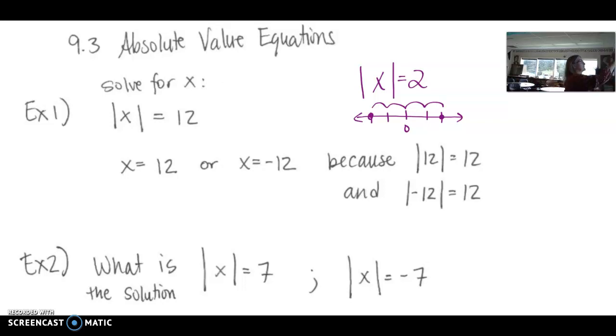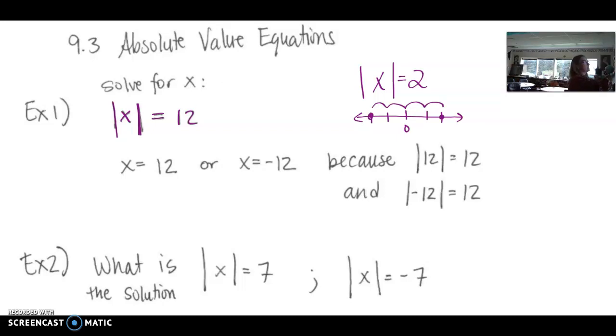I want you to think about the solution to this first example. The symbol with the 2 bars means absolute value. If the absolute value of some number x is equal to 12, what are the solutions that we could put in for x so that when we take its absolute value, we get positive 12?